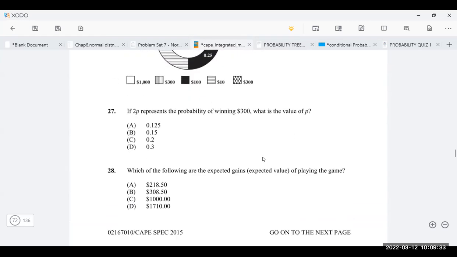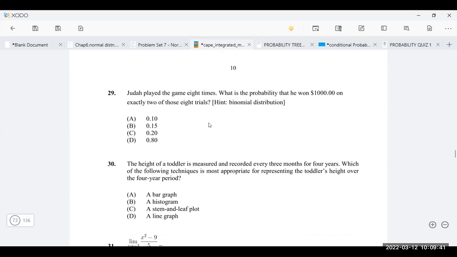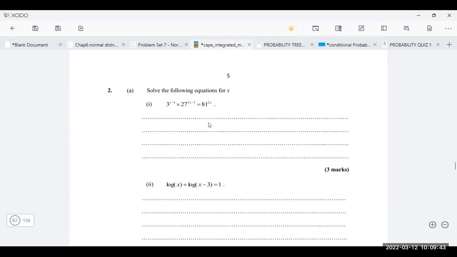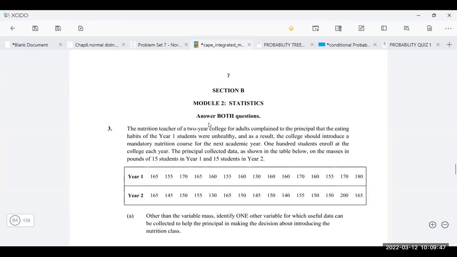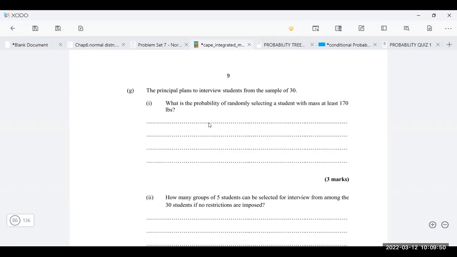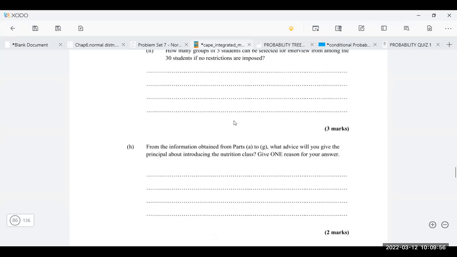We look at expected value and probability distribution table on Thursday, so we can cover these easily now. Nice. And then the paper 2, did they give any conditional? Probably not, because they have so much to test. I just wanted to see an idea of how they ask it. So they ask, nope. How many groups of 5, combinations.